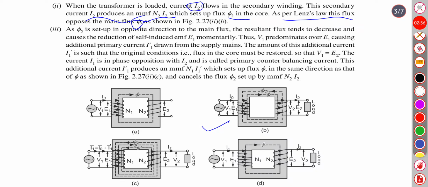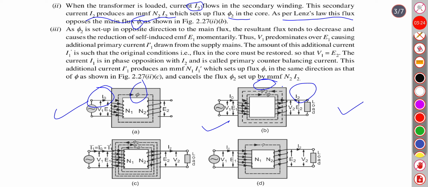So figure A shows the no load condition where I0 flows and it produces a flux phi. When the transformer is loaded, as shown in figure B, the current I2 creates flux phi2 which is in the opposite direction of flux phi.